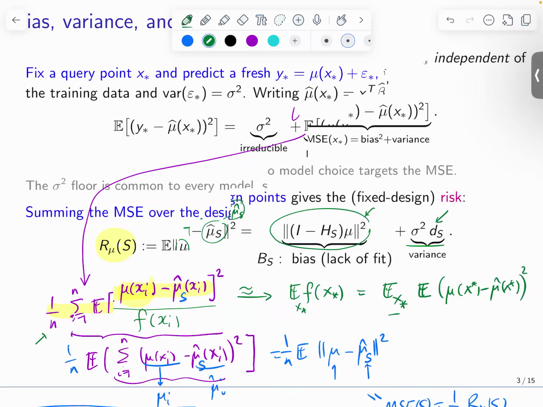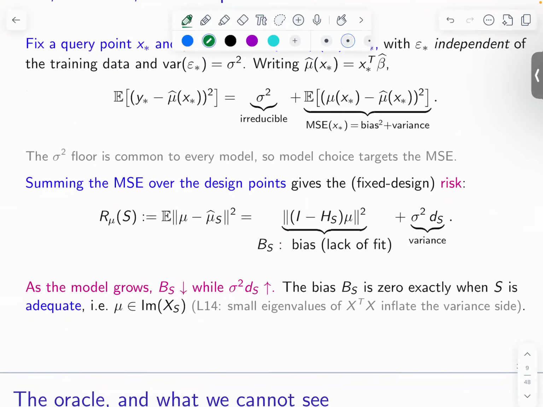Okay, let's go to this slide. So this kind of summarizes everything about the nature of the problem. As you keep adding predictors, generally you would reduce this bias. It could stay the same or you could reduce it, but this keeps going up, and then there's going to be a sweet spot.